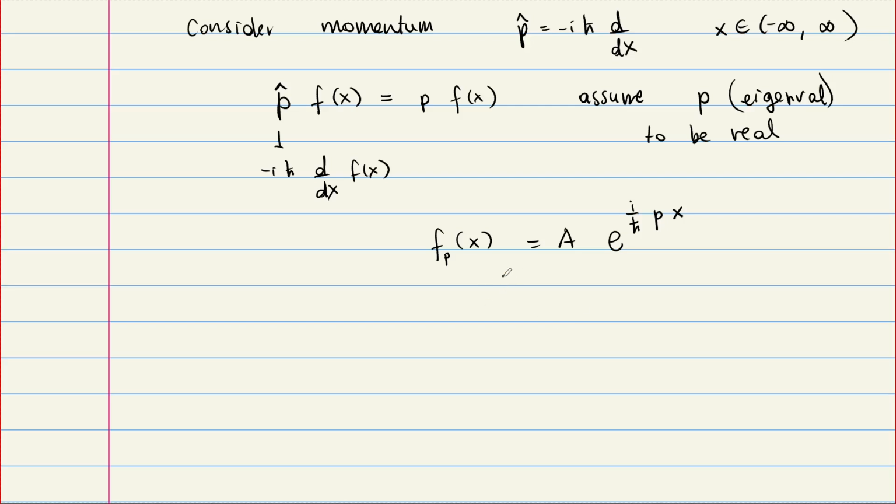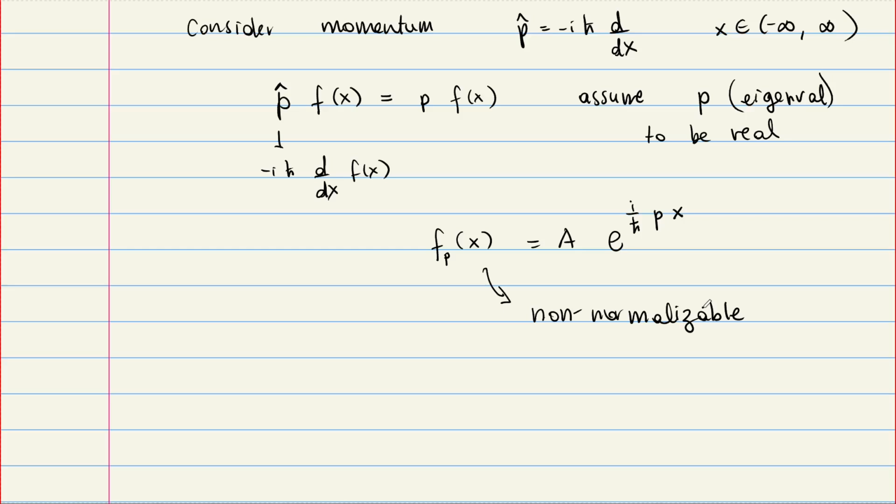And as we have told, the problem with this is that it is non-normalizable. But physically, that's not a problem, right? What we said is that in real life, in nature, we don't see things like this. We see wave packets.